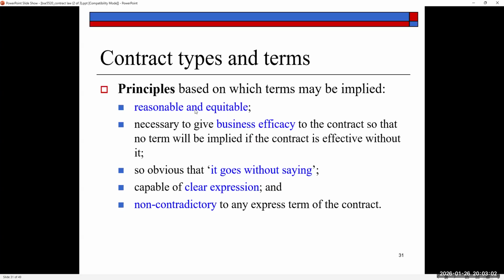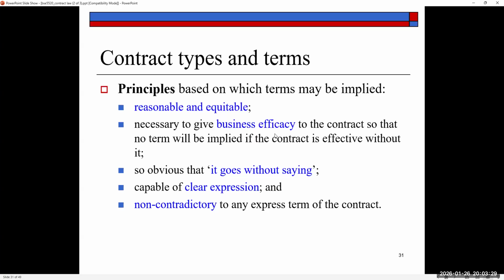Okay? It could not be unreasonable. Okay? You could not expect a contractor to provide a very, very high cost of tools to do the maintenance service. You could only imply a term for requiring the contractor to provide ordinary, normal, common tools. Okay? Those are reasonable.